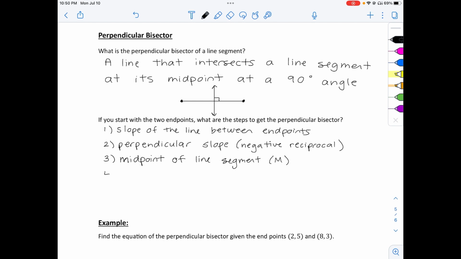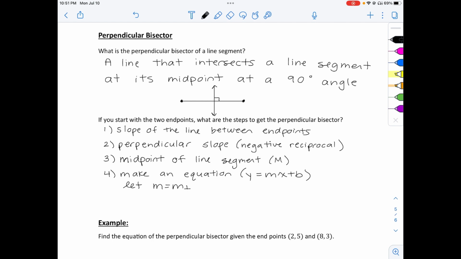And then the last step is you are going to make an equation. And again, because it's a line, it's going to be y equals mx plus b form, slope-intercept form. And you are going to let your slope be your perpendicular slope. Okay, again, that's what that little upside down T denotes, is the perpendicular slope.